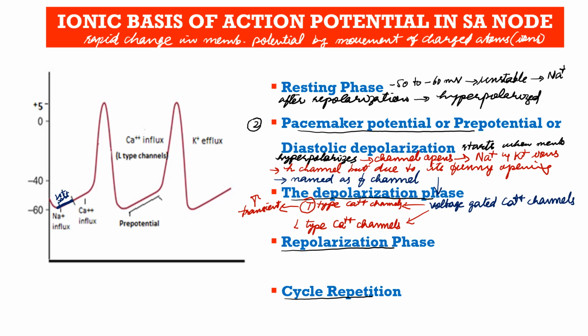When the T-type calcium channels open, they complete the second part of the pacemaker potential or pre-potential, as you can see from this diagram.